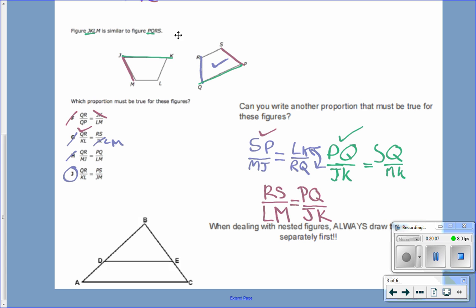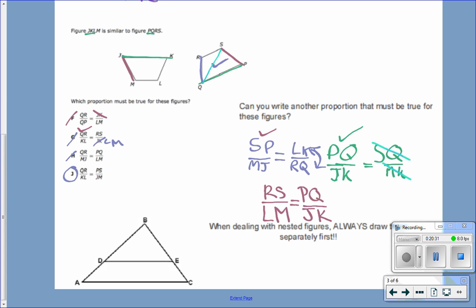And we have an SQ. Is there an SQ? That's like horizontal. Is that accurate? Okay, it's got to be a side length. So that's not a correct proportion either.